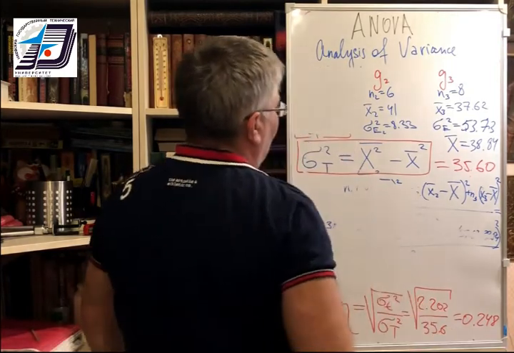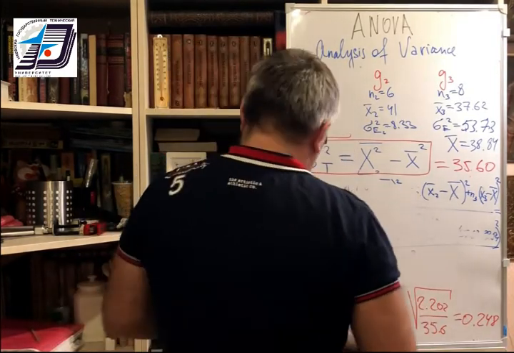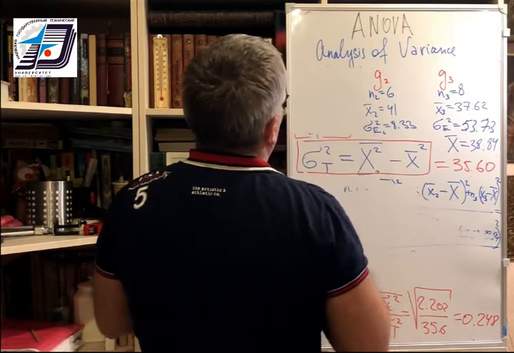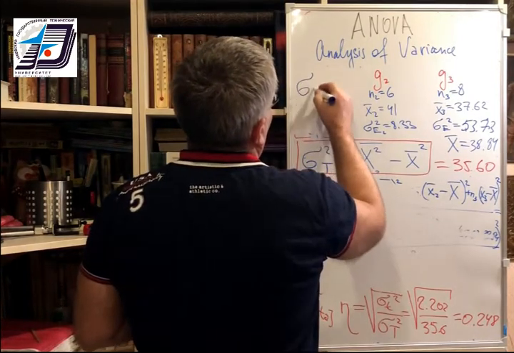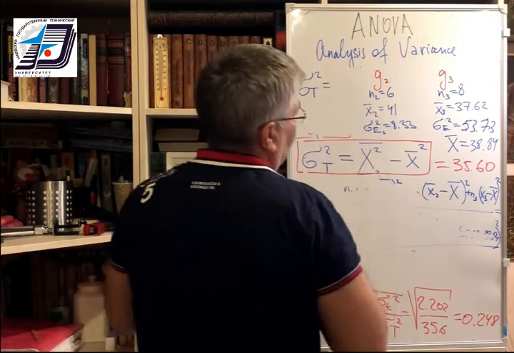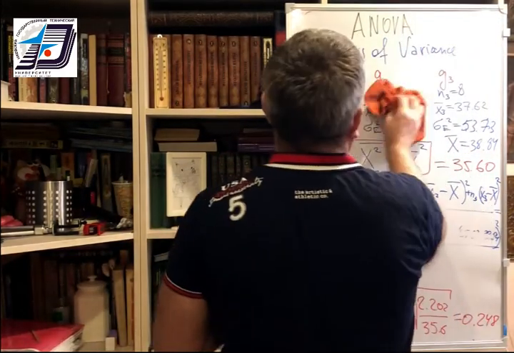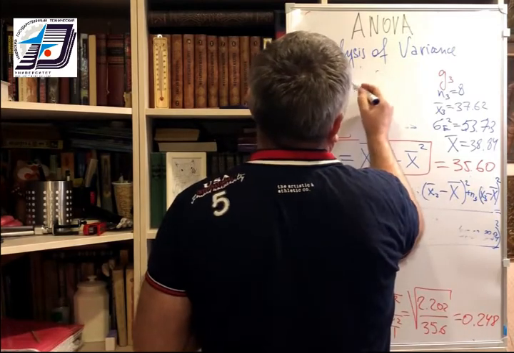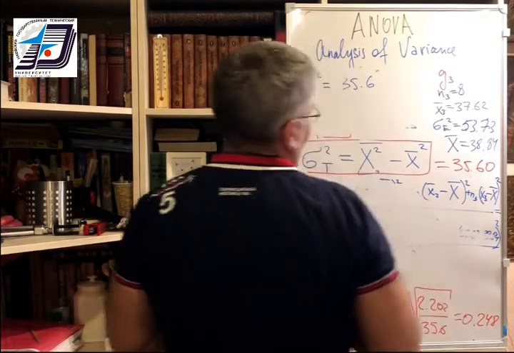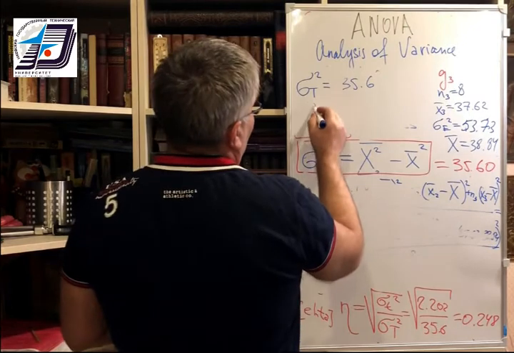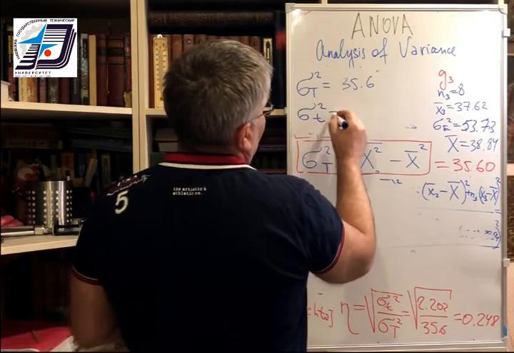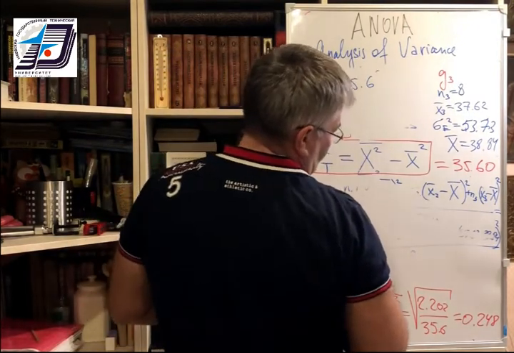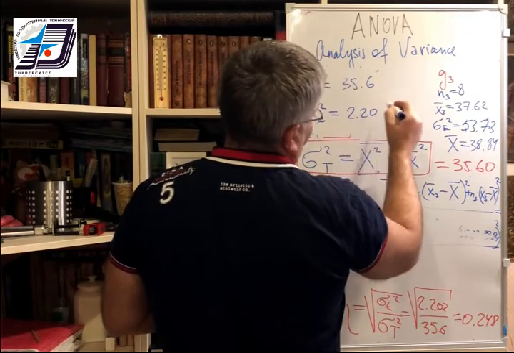So we have here the total variance equal to 35.6, and the treatment variance 2.2.